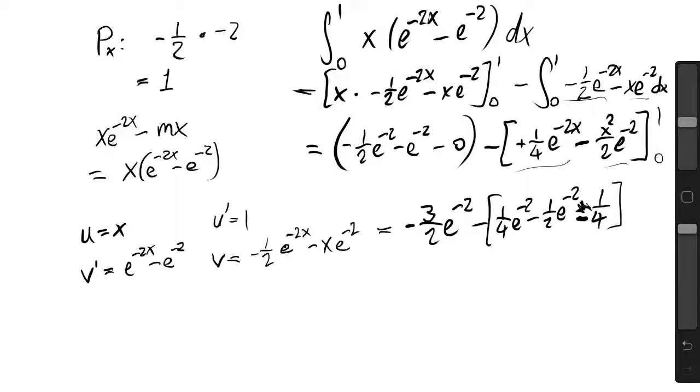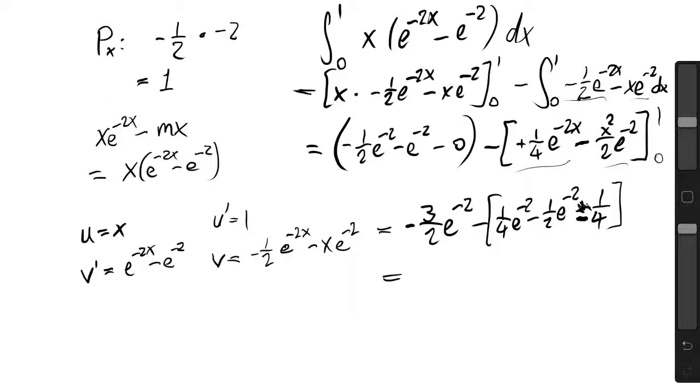And let's see, so now we have minus 3 halves, then minus, for this bit it is a quarter take a half, that gives me minus a quarter, so minus a quarter and negative is plus a quarter.